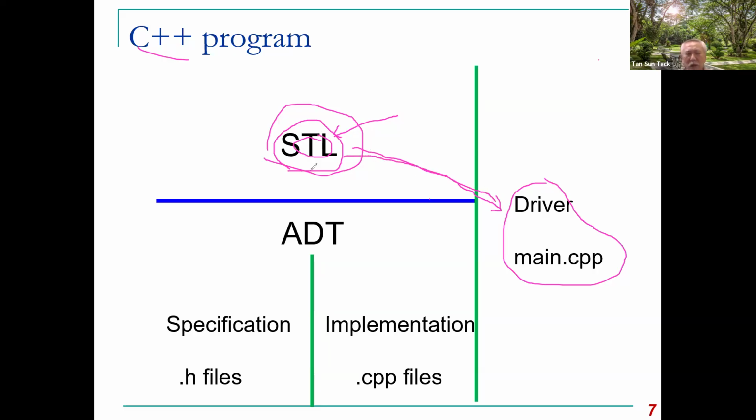Okay, but however, sometimes the standard template library does not provide the functionality that you need. And if that's the case, we have to create what we call the ADT. So you can see that this ADT that we are creating is actually quite similar to the STL library or the classes. So now the question is this: do you know how the STL implements all the classes, implements all the methods within those classes?